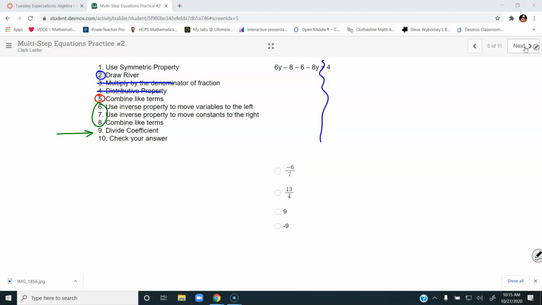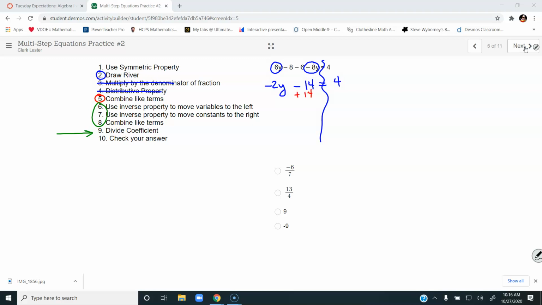So I'm going to draw my river. And I have 6 and negative 8. So that's negative 2y minus 14 is equal to 4. Okay? So 6 minus 8y is negative 2y, and then the middle is negative 14. I'm now going to add the 14 off.